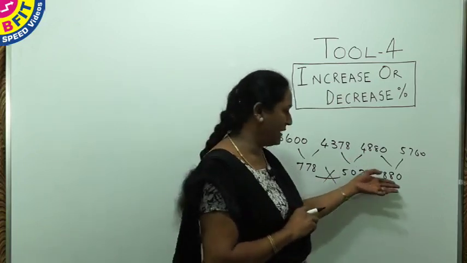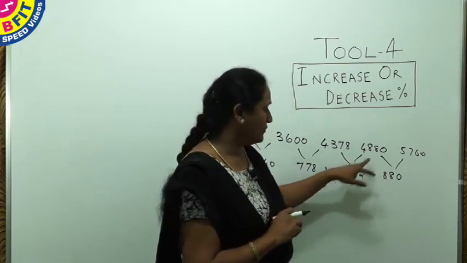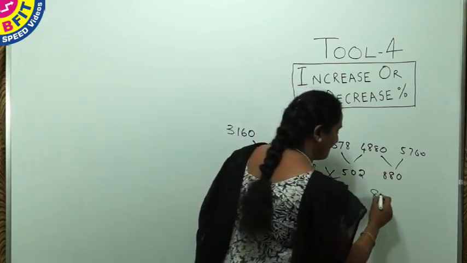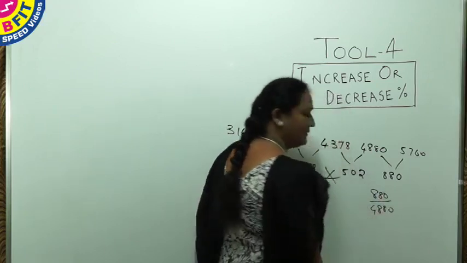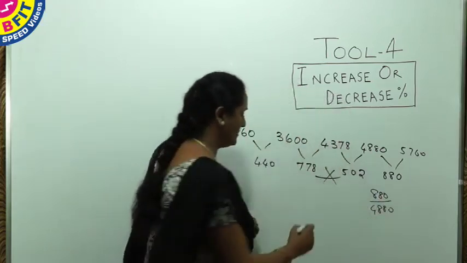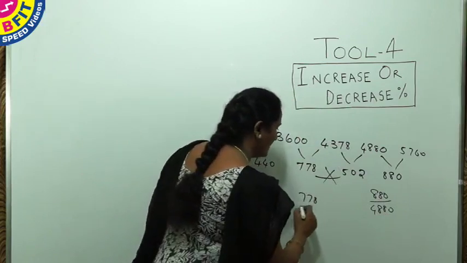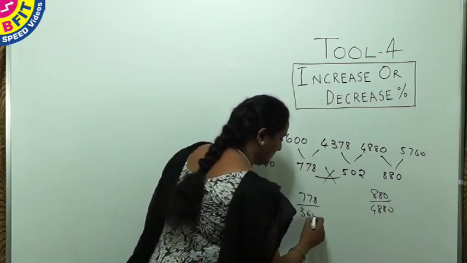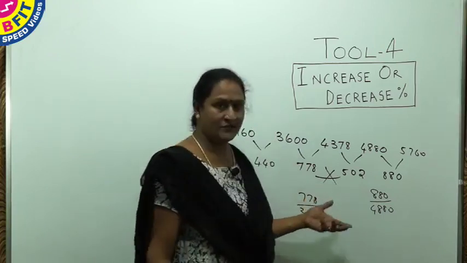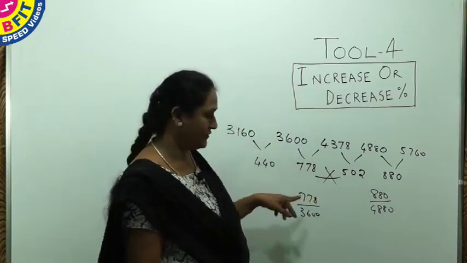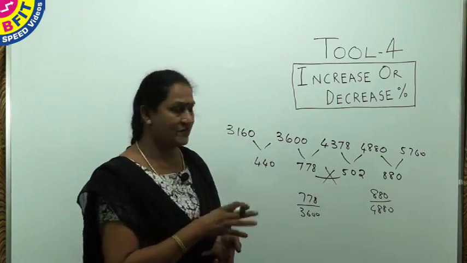Seeing this data, we may think that 880 over 4880 is higher, but here it is 778 over 3600. In these two, we have confusion about which year the percentage increase is higher.